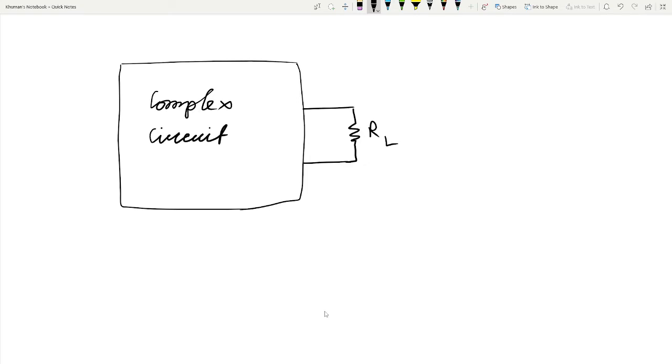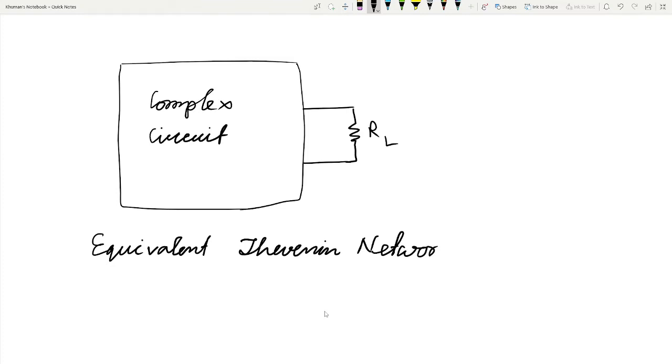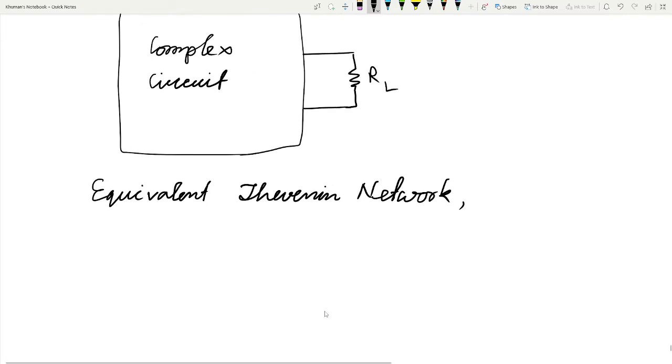Then we can replace this complex circuit by an equivalent Thevenin network. This equivalent Thevenin network looks like this.